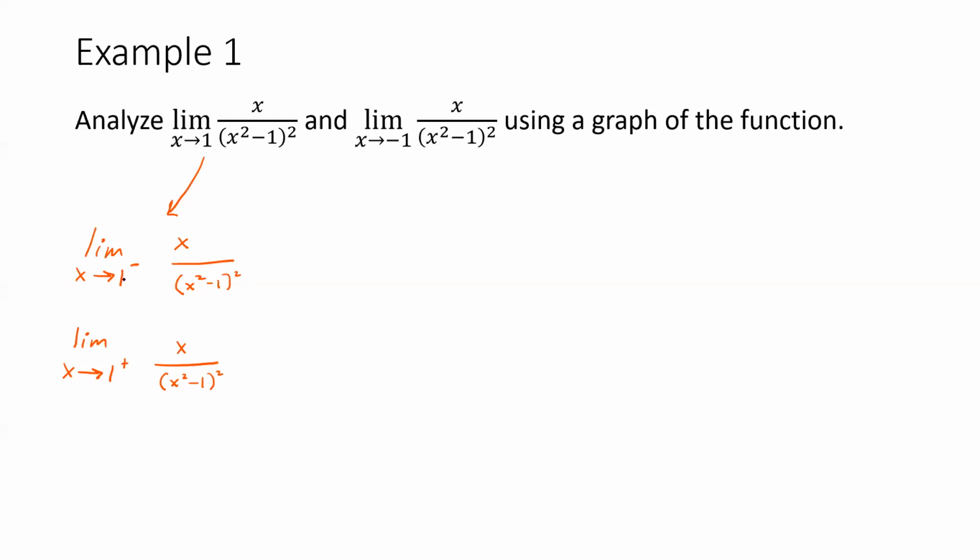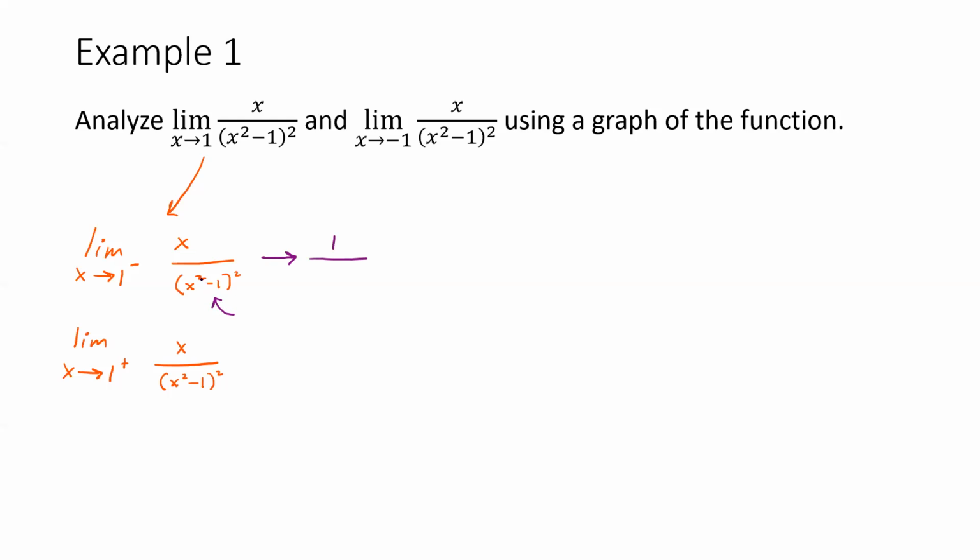As x approaches 1, the numerator is going to be just x. So what is it approaching in the numerator? It's approaching 1, right? Now, what I want you guys to think about is what is happening here. 0 in the denominator. Good.